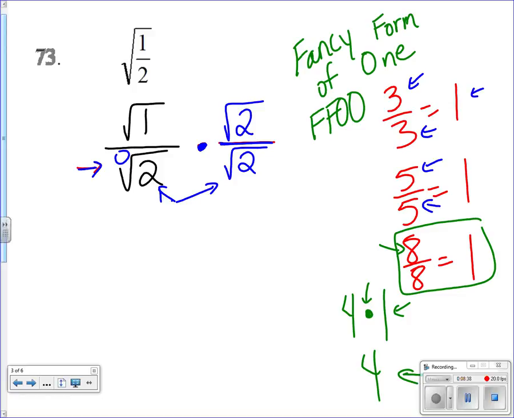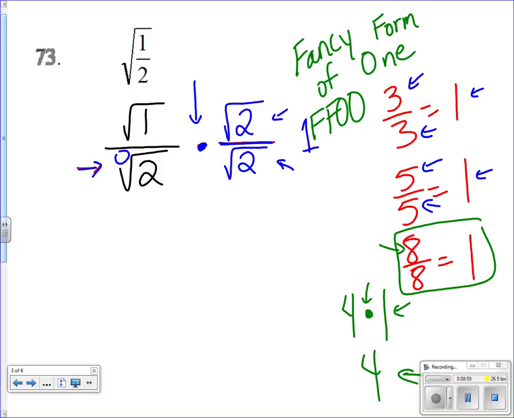Square root of 2 divided by square root of 2, that's the same thing as saying 1. So because we're just multiplying this by essentially 1, we are not changing the original problem at all. We're just changing the way it looks.